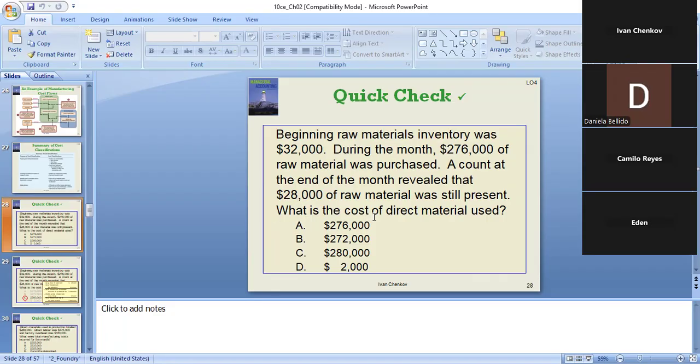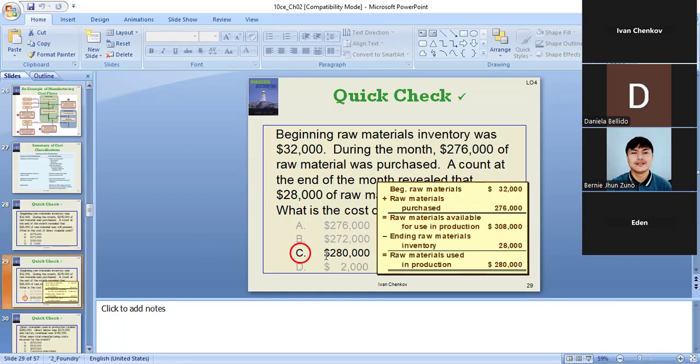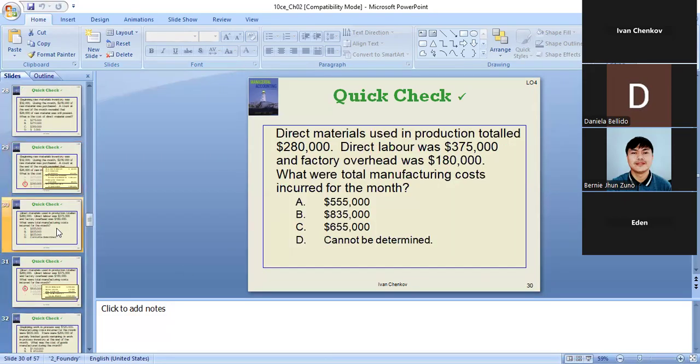What is the cost of direct material used? 280, yes. How we get it? 32 plus 276 minus 28. And we're going to get 280. Okay, we found the raw material used in the production. Good. Let's move on then.